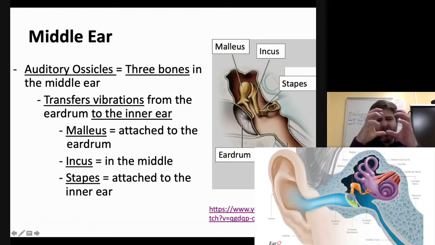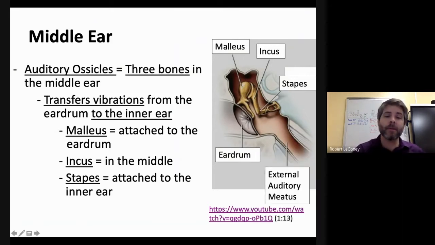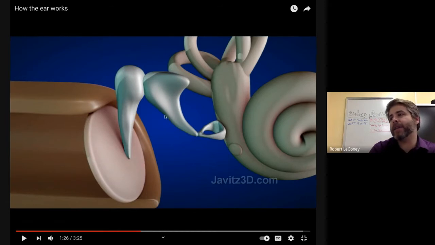That's a lot of energy being condensed, which means it's a lot of energy hitting this one spot, which means you're actually hitting this labyrinth way harder than you would have if it was just the eardrum. And all of that energy gets put into the little stapes, which means all of that energy is hitting this one little spot. So this guy feels like it's getting hit harder.